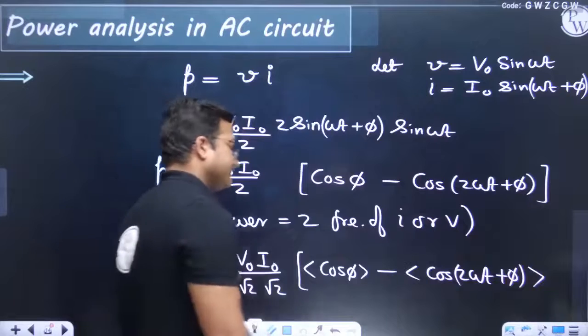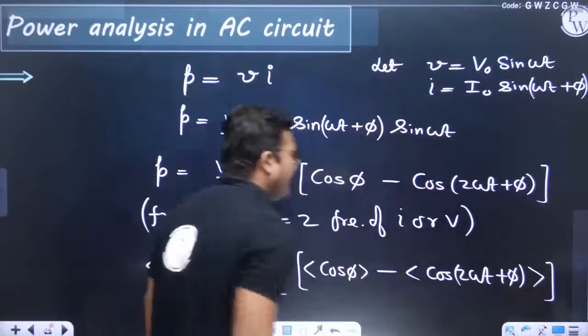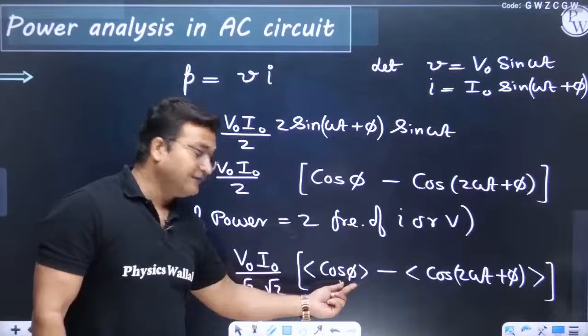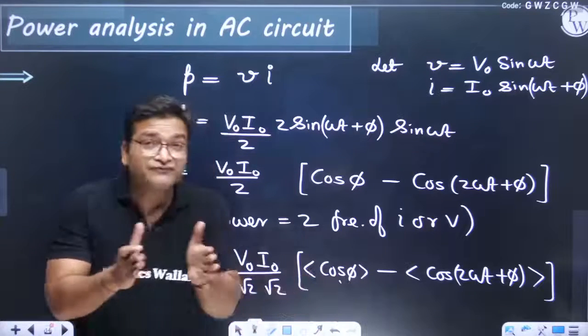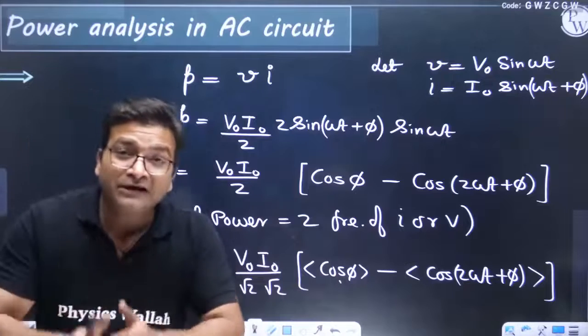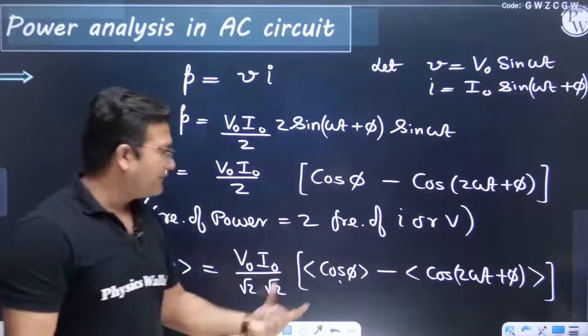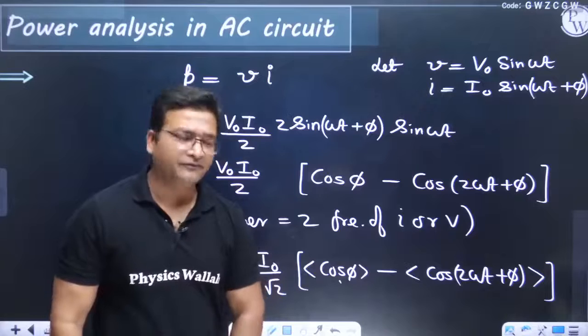Now look closely. Actually, if phi is a constant, cos phi is also a constant, and the average value of a constant term is equal to that constant value. So we have the average of cos phi as simply cos phi.